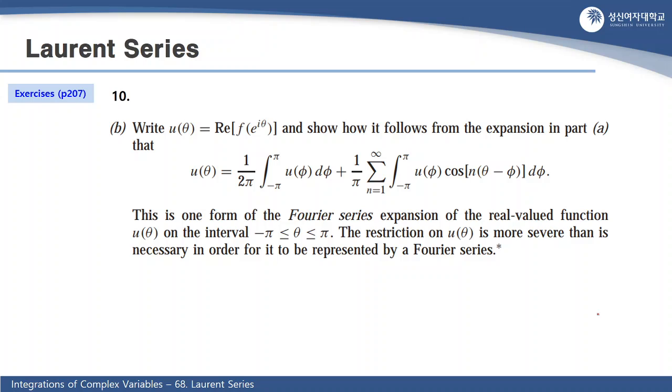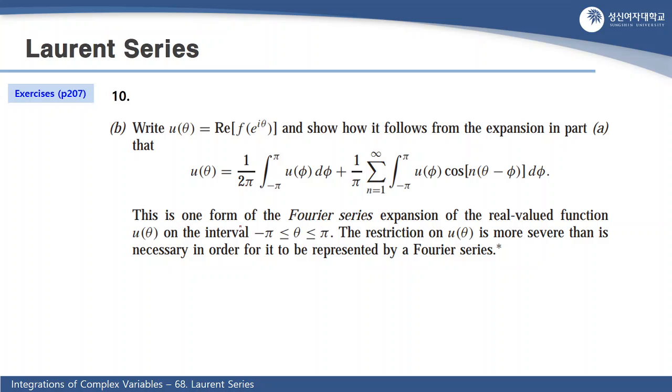Okay, next is B. It is to write u of theta equal to the real part of f of e to the i theta, and show how it follows from the expansion in part A that u of theta is equal to 1 over 2 pi times the integral from negative pi to pi of u of phi d phi, plus 1 over pi times the summation n equals 1 to infinity of the integral from negative pi to pi of u of phi cosine of n times (theta minus phi) d phi.